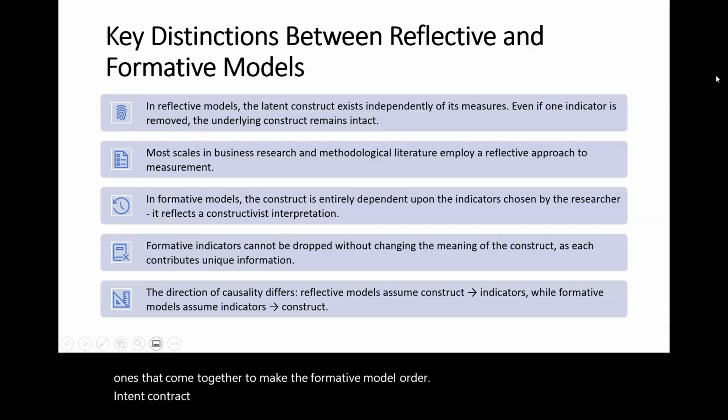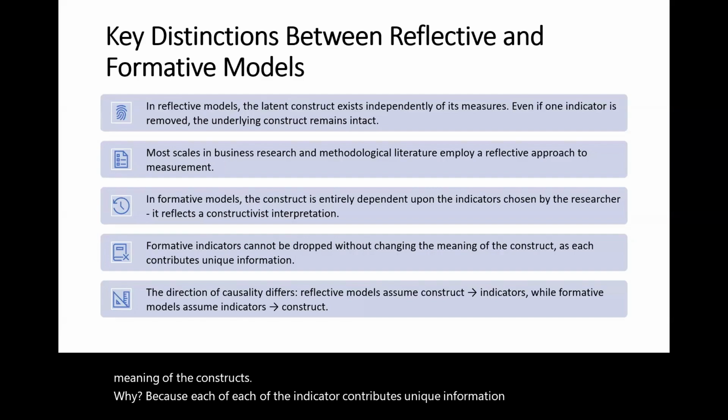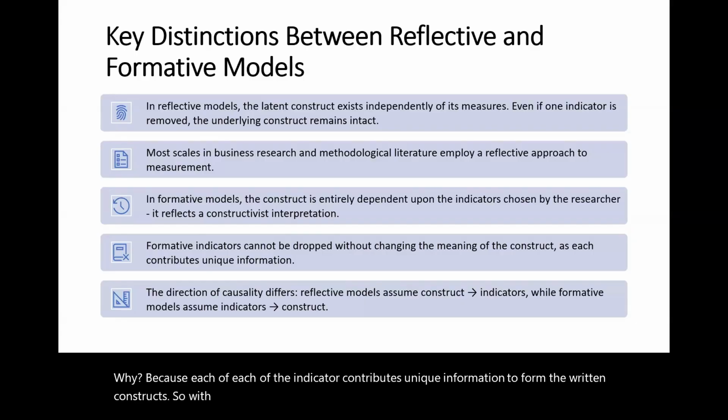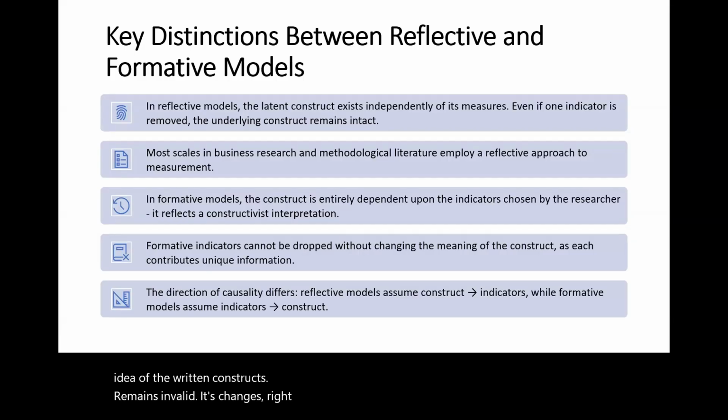So a formative indicator cannot be dropped without changing the meaning of the construct. Why? Because each indicator contributes unique information to form the latent construct. So with formative, if one of the items is deleted, it means that the underlying idea of the latent construct becomes invalid. It changes, all right? Unlike the reflective, where when you delete one indicator, it still stays intact.